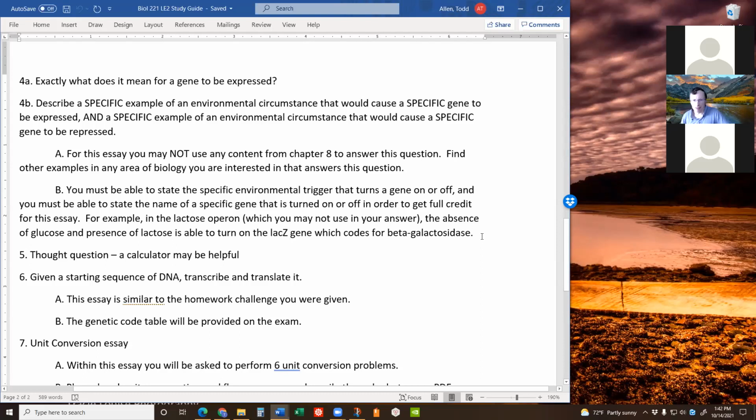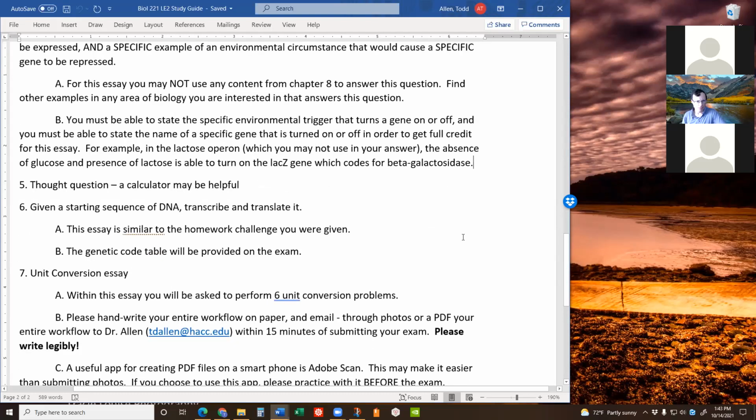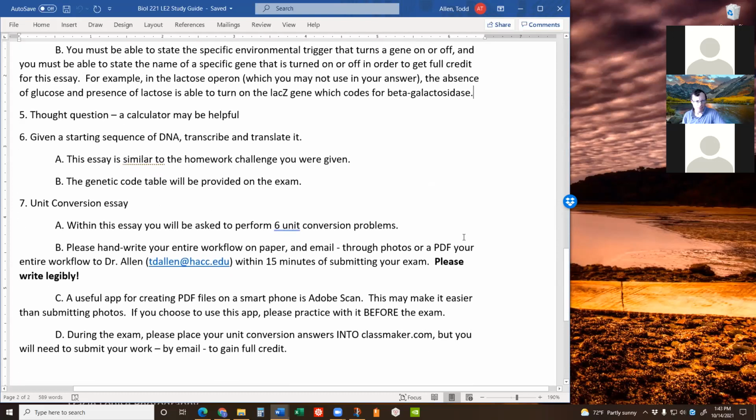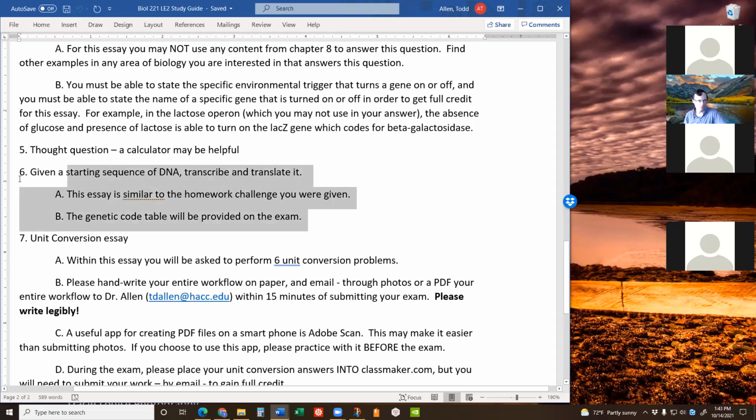All right. Are there other questions you'd like to ask about? Yes, for 6, are we going to write the whole DNA, then the mRNA, and then the whole protein, correct?